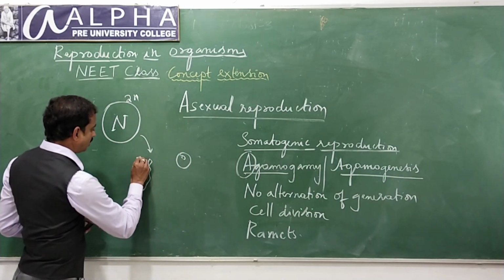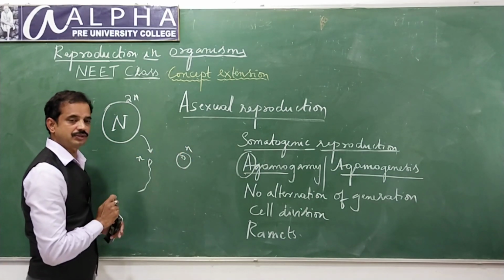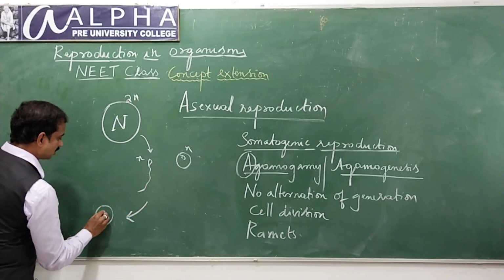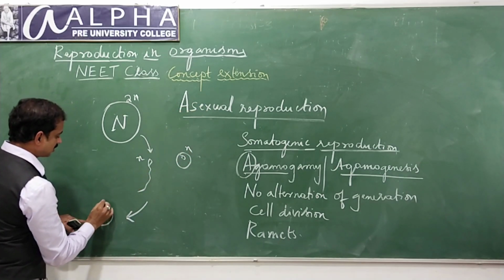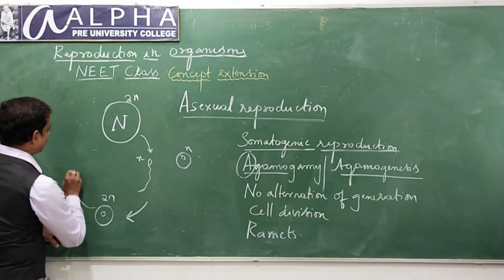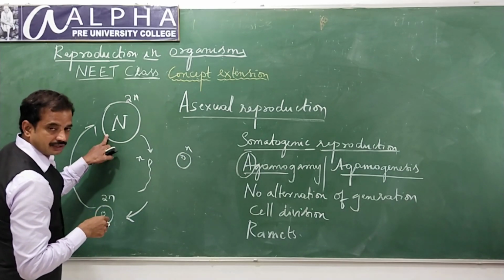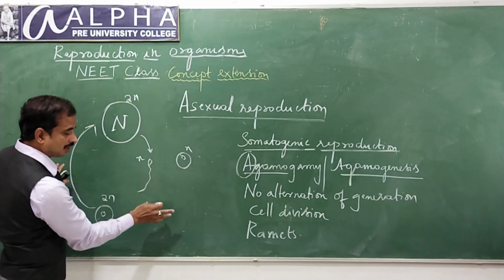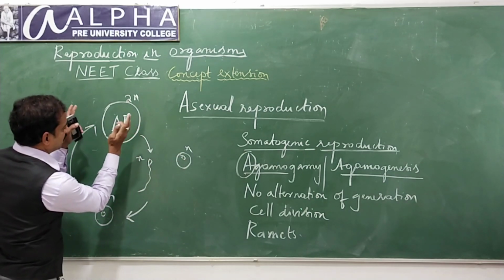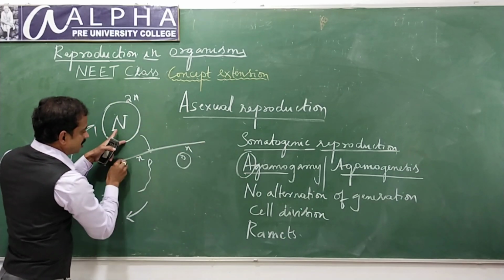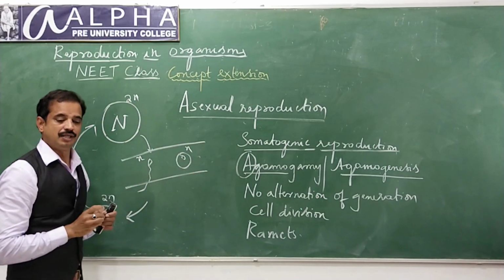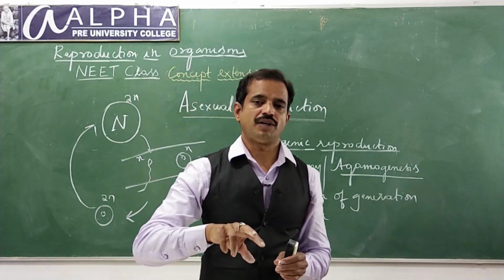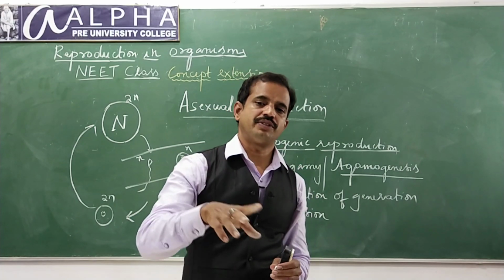So this sperm and ova have a single set of chromosomes. Then this sperm and ova fuse together to produce the zygote, the ova being produced by another animal. The zygote is 2N, and it will develop into the young one and adult, so that the life cycle continues. So when you consider the life cycle of this animal, it has a diploid phase and a haploid phase. This is what we call alternation of generation, where a diploid individual alternates with a haploid phase in the form of the gametes.